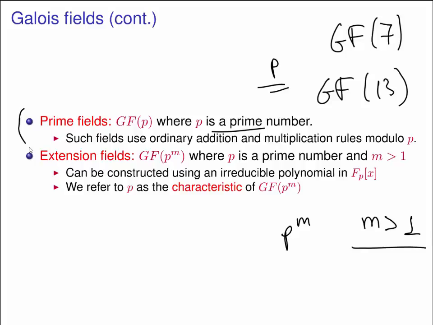Unfortunately, it is out of the scope of this course to describe how those fields are constructed, but you can check it in any good book on finite fields. And for those fields, we refer to p as the characteristic of the field. If a field includes a power of a prime number of elements, we refer to p as the characteristic of this field.